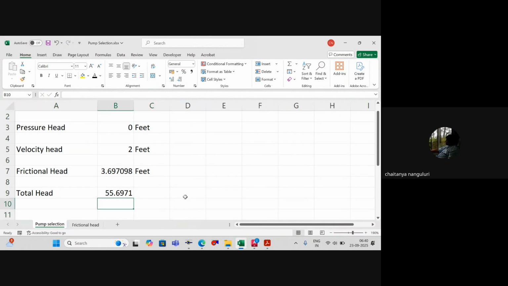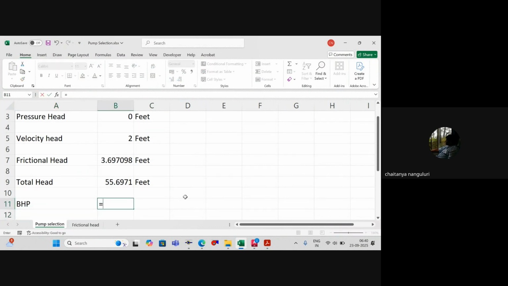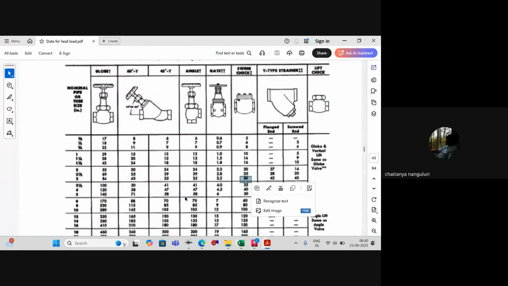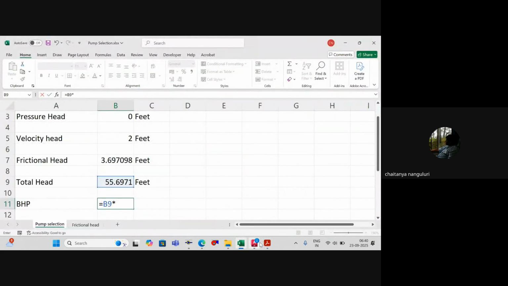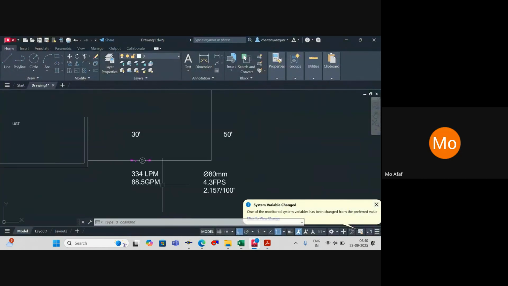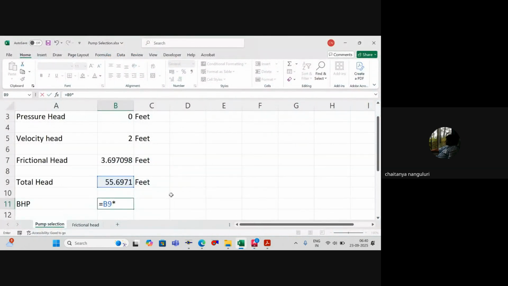Coming to the next one, this is feet again. Then the next is your brake horsepower, BHP. What is the formula? It is equal to total head into flow rate into total head, divided by the efficiency of the pump. What is the flow rate? 88.5 GPM.